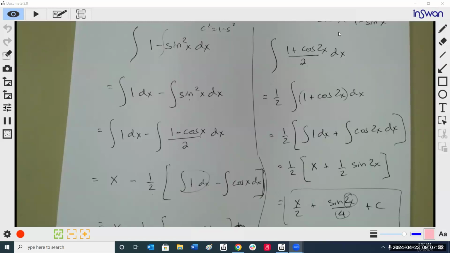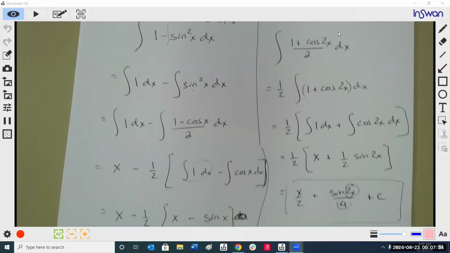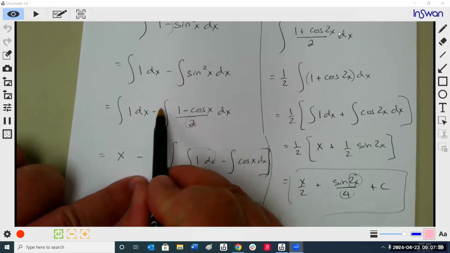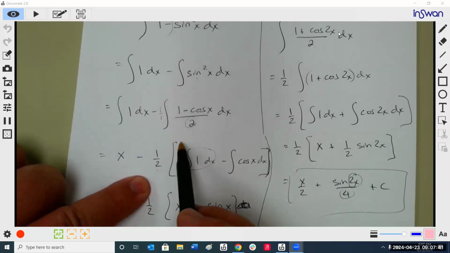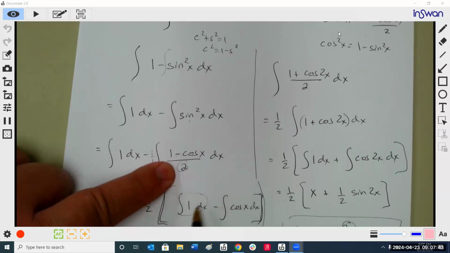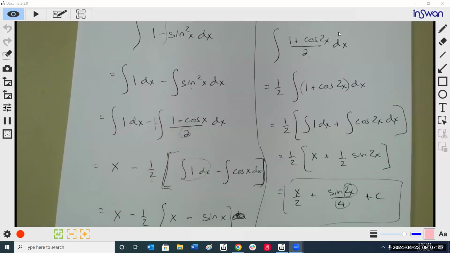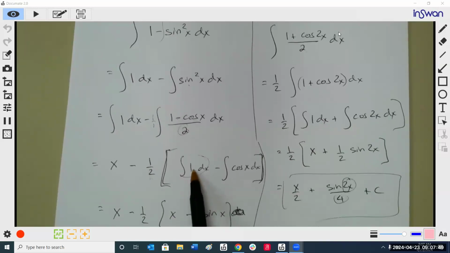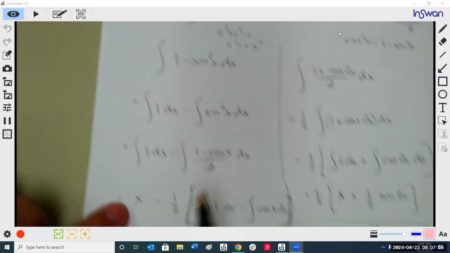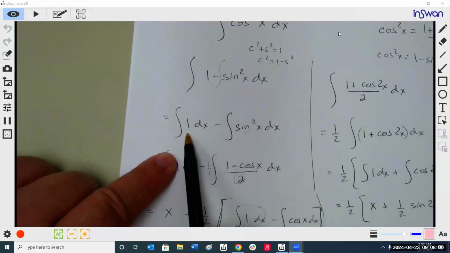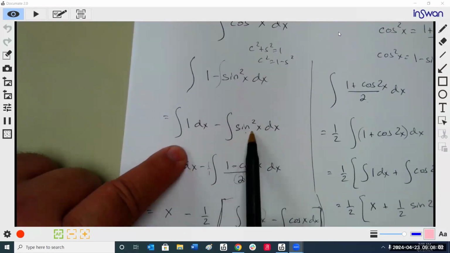Why is it x minus 1/2? Oh, this one here? Yeah, because this 2, I take it out in front. And the bracket says I keep only the top part, 1 minus cosine 2x. This one, the integral of 1. This one, because we have 1 minus sine squared, I take the integral of both of them. So the integral of 1 minus the integral of sine squared.